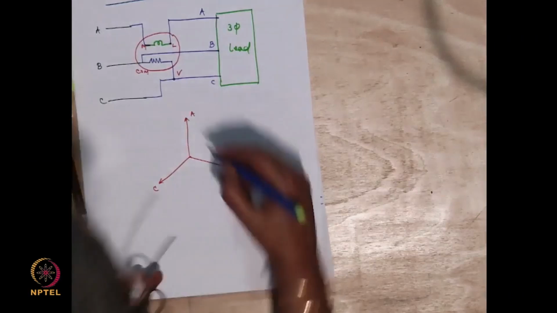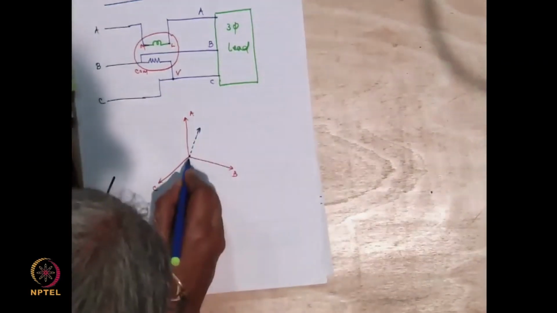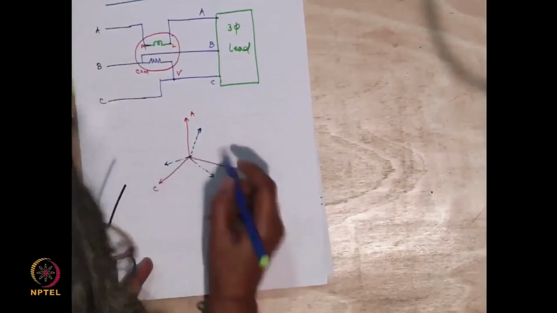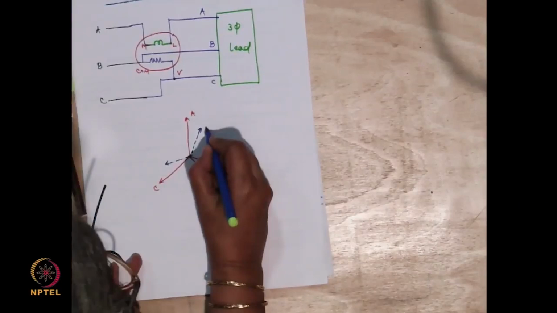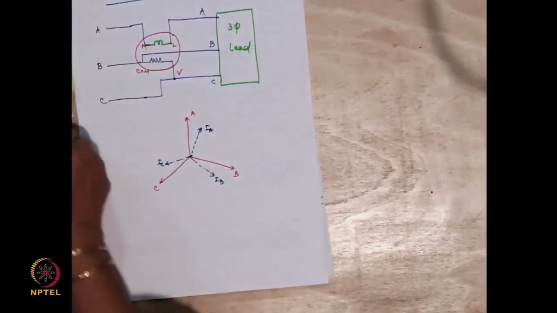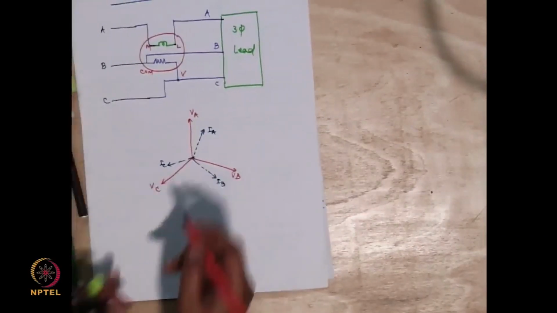And let us say my A phase current is somewhere here, B phase current is somewhere here, and C phase current is somewhere here. So I'm showing this as IA, IB, and IC. And these are, of course, VA, VB, and VC.